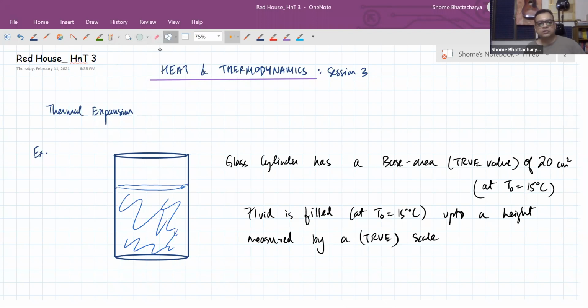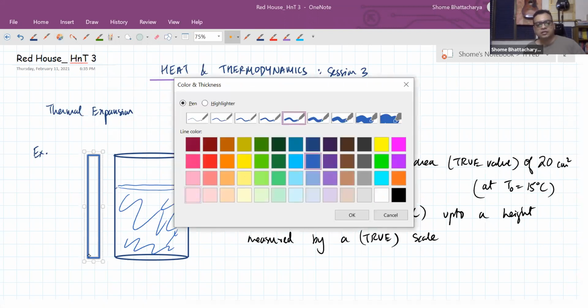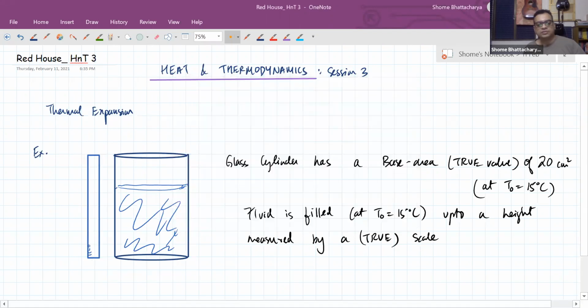So we are using a separate scale to measure its height, and assume that that scale is not having any error due to thermal expansion. So we are using a scale which is properly calibrated, up to a height of h naught equal to, say, 50.0 centimeters.